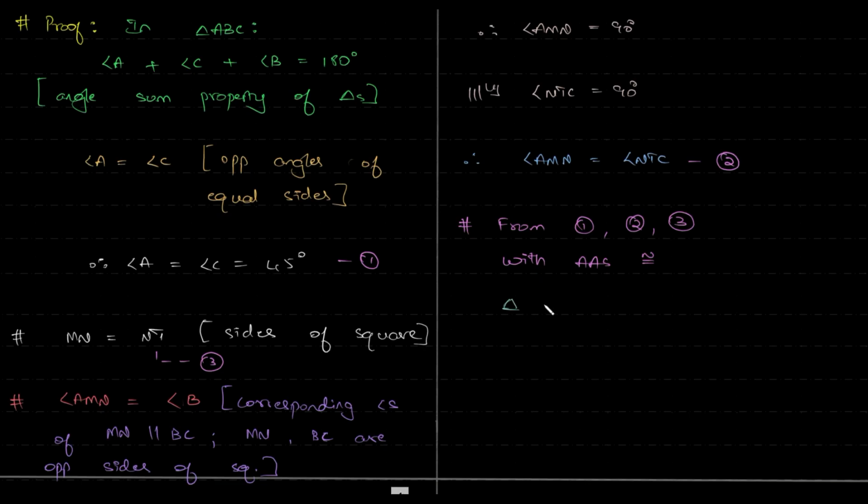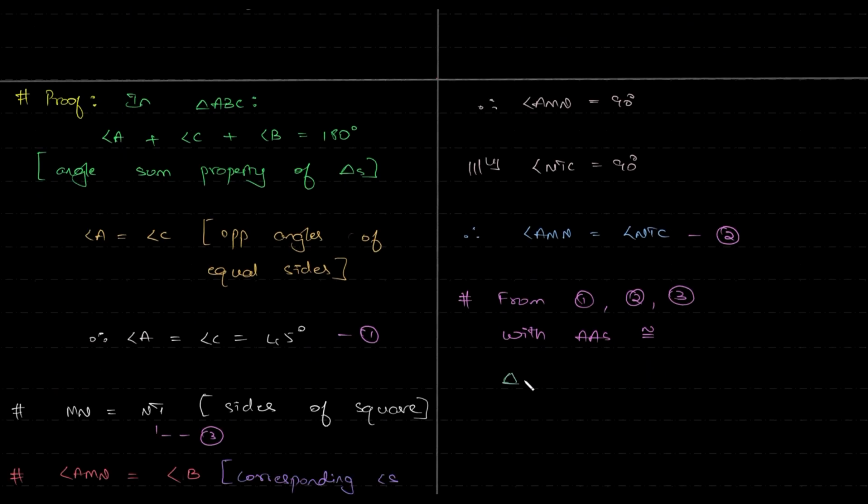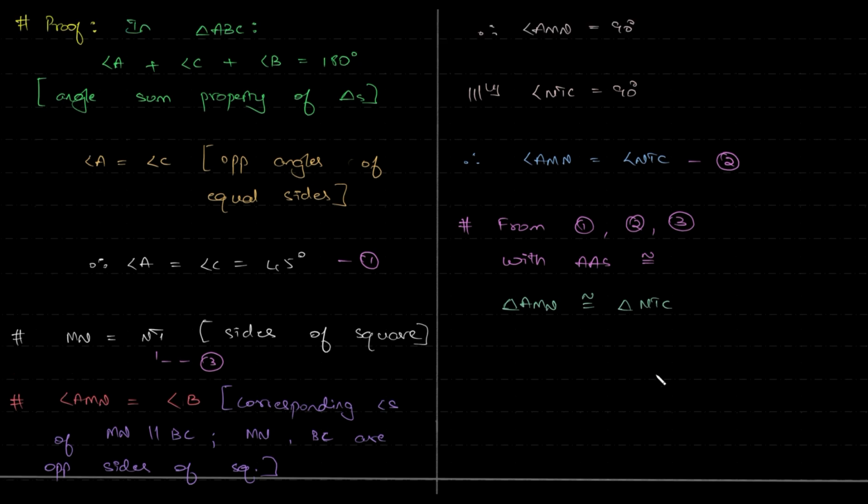Triangle AMN is congruent to triangle NTC. So we can imply, therefore by CPCT, AN is equal to NC, thus N bisects AC. Hence proved. That's it.